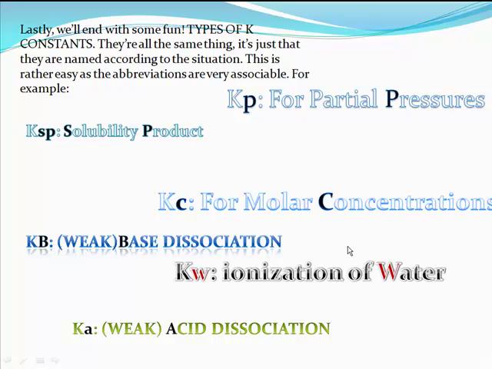And Ksp refers to the solubility product. What that is referring to is simply when you have an ionic solid dissolving. You can think of it like not all solids entirely dissociate, and that's where you have the equilibrium going on. So those are the types of K constants, and that's a quick overview of what equilibrium is.